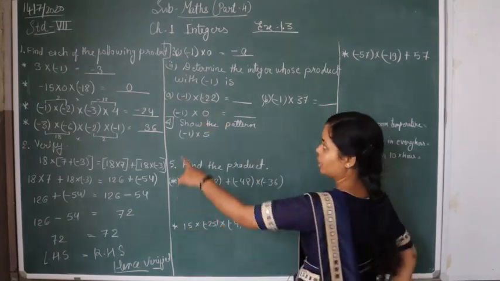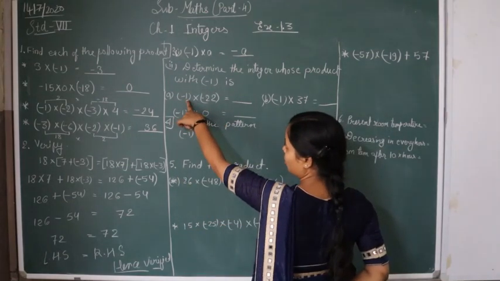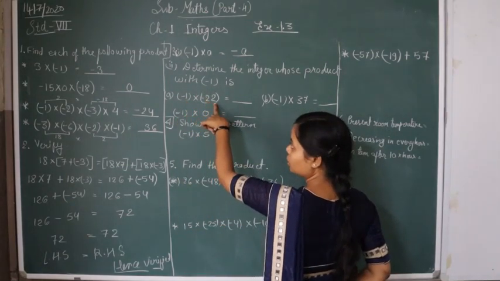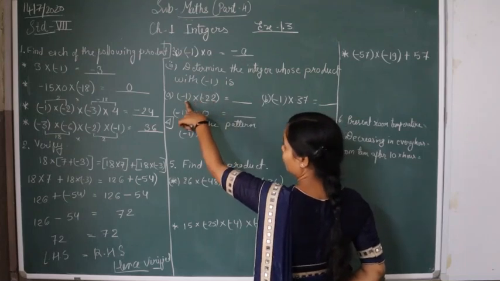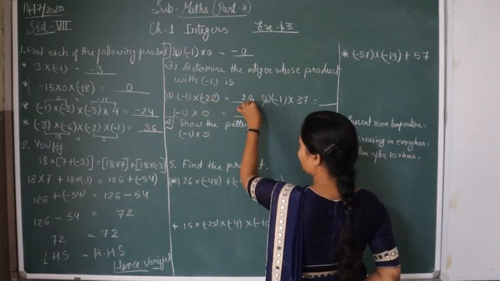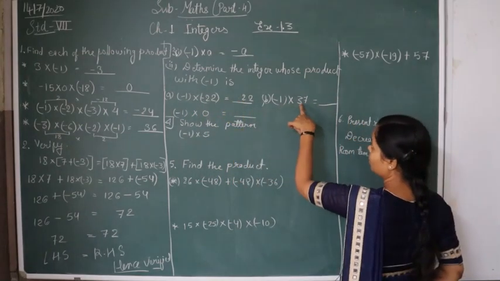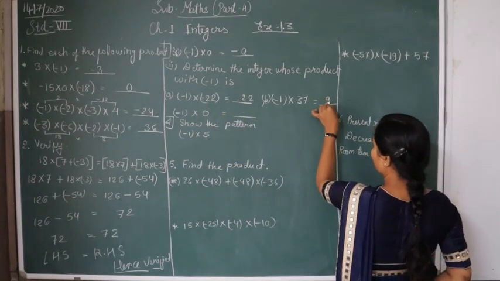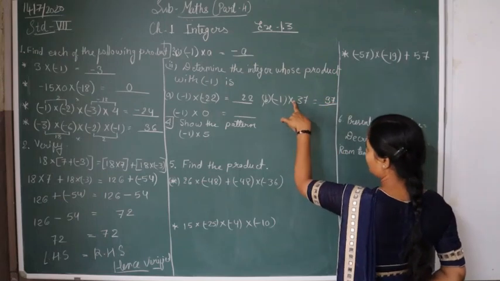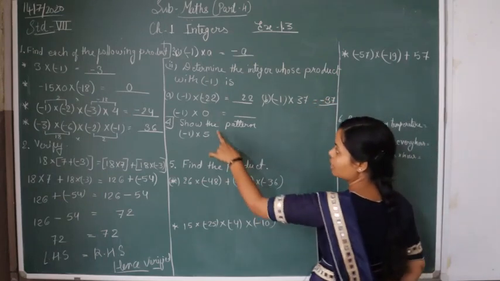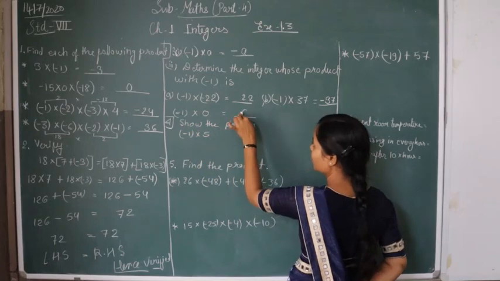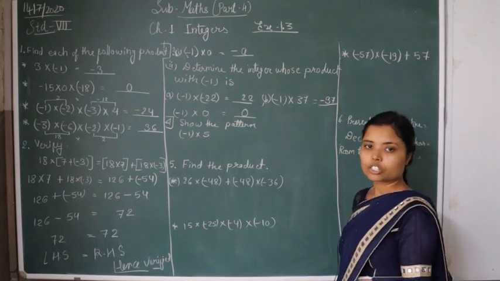So what we get? Minus 1 and minus 22 is multiplied, 22 1s are 22 and minus minus plus. Similarly 37 is multiplied by minus 1, minus plus minus. Okay, when 0 is multiplied by any number, we get 0.